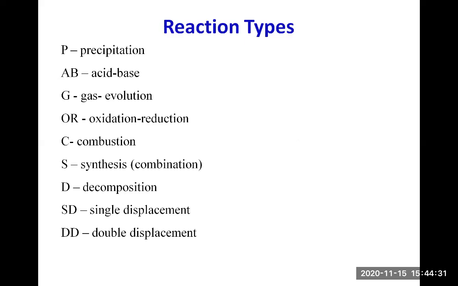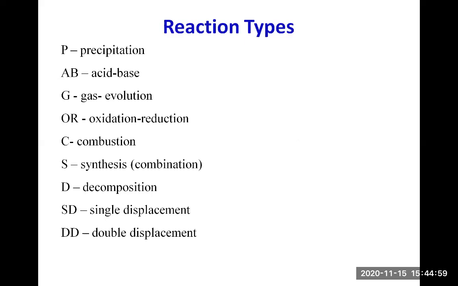P will stand for precipitation, AB for acid-base, G for gas evolution, OR for oxidation reduction, C for combustion, S for synthesis or combination, but S for synthesis is easier to remember, D for decomposition, SD for single displacement, and DD for double displacement.